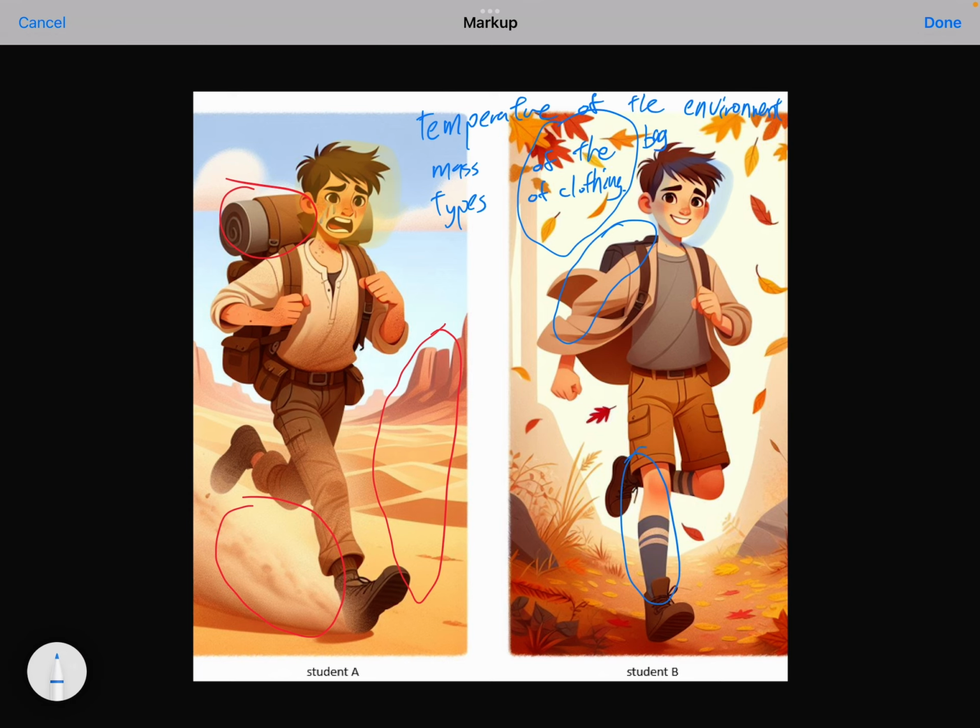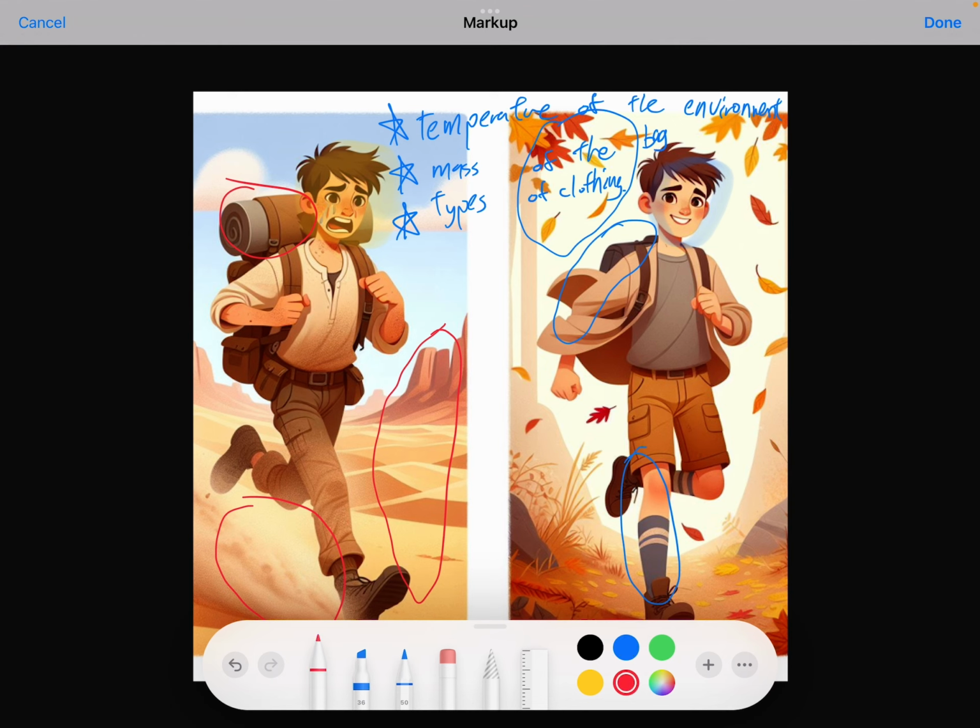And in order to make their competition a fair test for these three items, the temperature, the mass of the bag, and the types of clothing, they must be kept the same. Because these factors may lead to unfair performance of these two boys, we must control them and keep them the same.